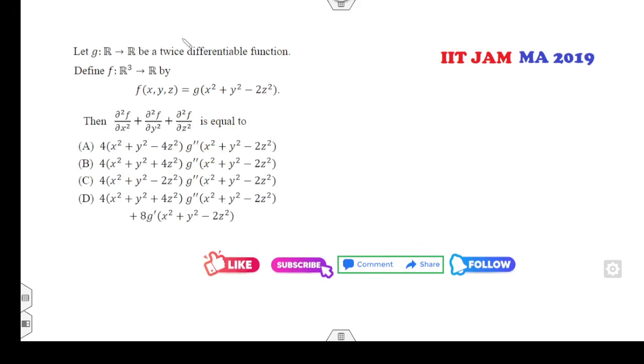D is the right answer of the problem. Next one is g is my twice differentiable function. Again I can choose g as x square. तो आपका फंक्शन क्या बन गया? x square plus y square minus 2z square. Fine. Then your target is to find the second derivatives.